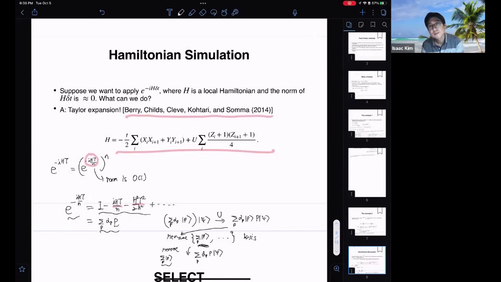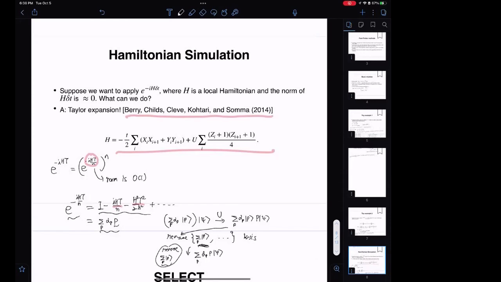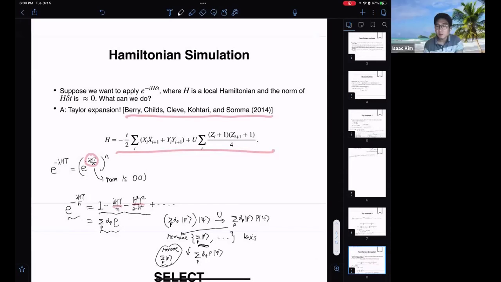Of course, this has some caveats. The probability that you measure this thing is not 1. So that's one issue. But it shows that there is some procedure from which you can actually implement this. There is actually a better way, and we will talk about that. But the fact that this is possible in principle should be obvious from this discussion.